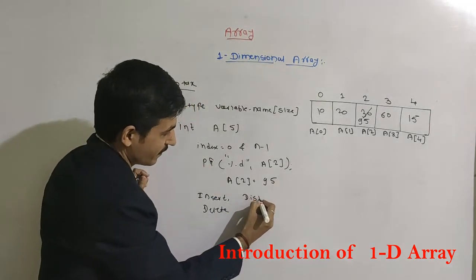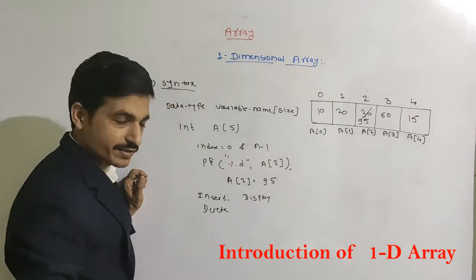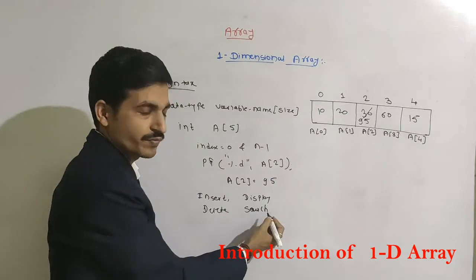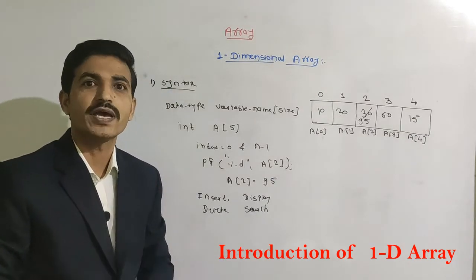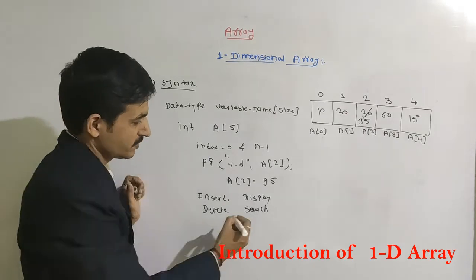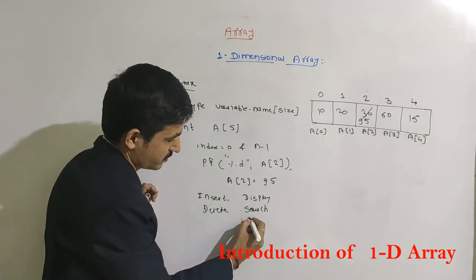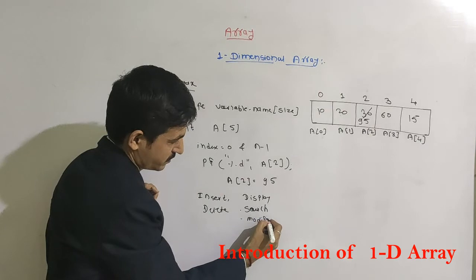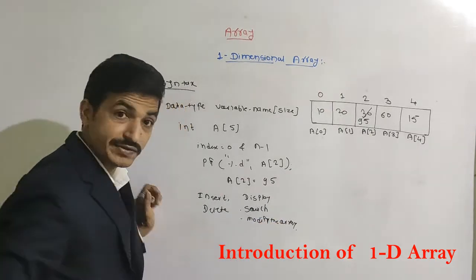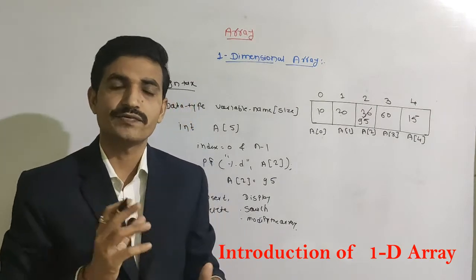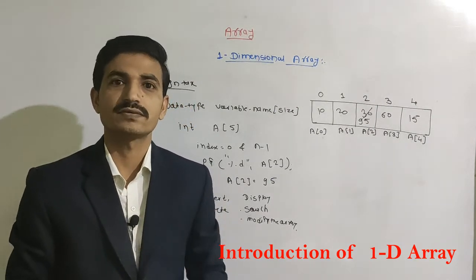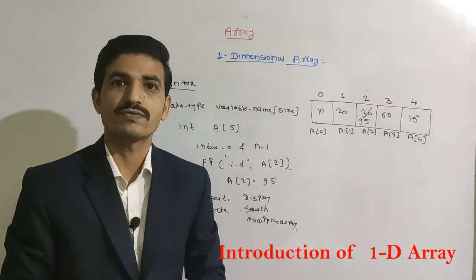Then we can display the content of the array. We can search for an element in the array. Also we can modify the array, and we can reverse the array. There are so many operations that we can carry out on the one-dimensional array. We will see those operations one by one, along with the implementation.